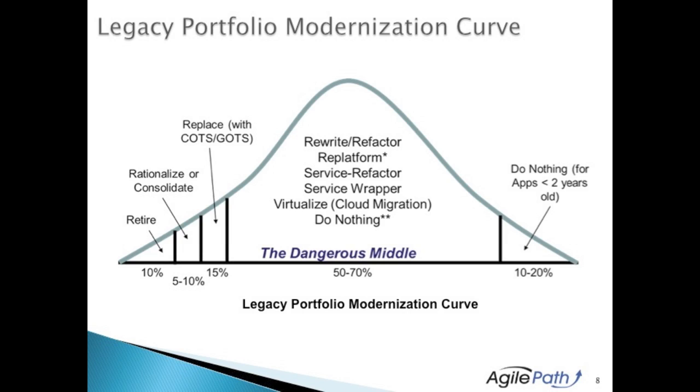So as you can see there's a couple of choices around rewriting or refactoring them, replatforming them. You could use a couple of service-oriented architecture approaches, like do a full SOA refactoring of them. Or if you didn't want to go that heavy duty, you could just do service wrapping for the data services out of a legacy app to extend its life.